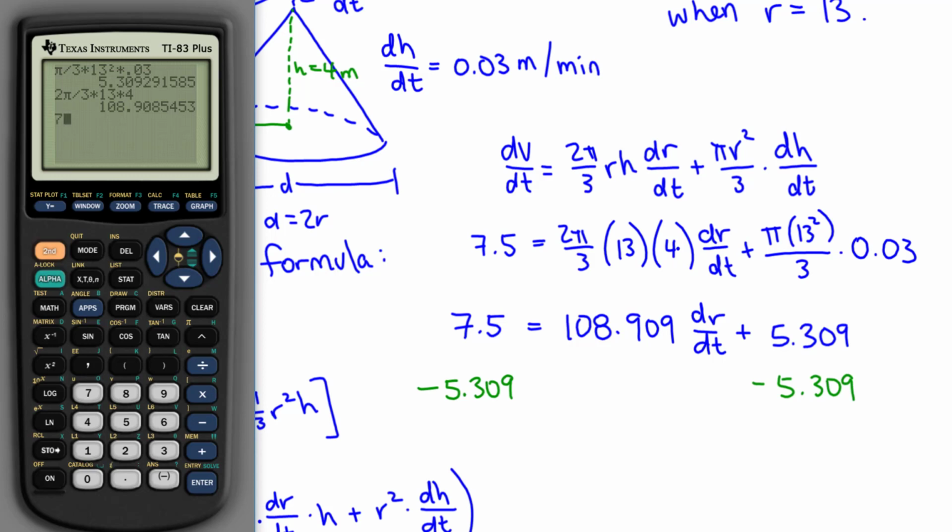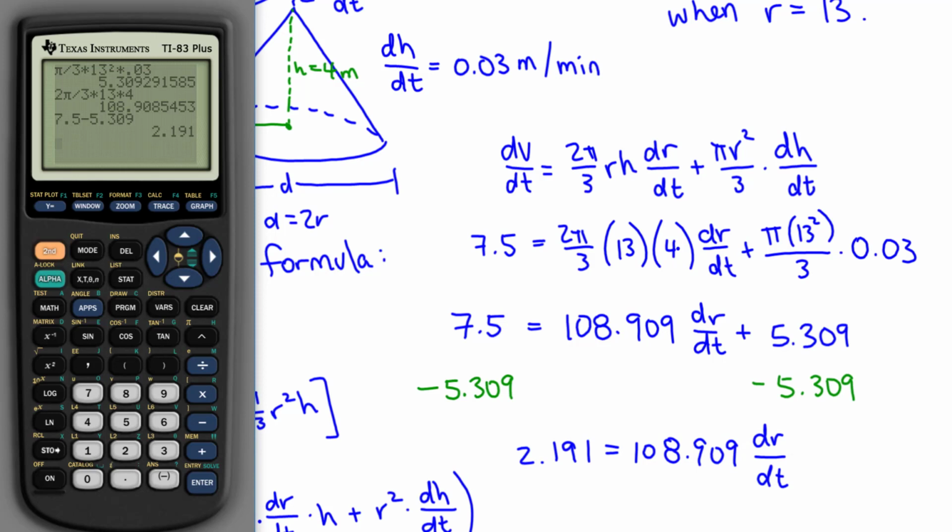So 7.5 minus 5.309 gives me 2.191. So 2.191 equals 108.909 dr dt.